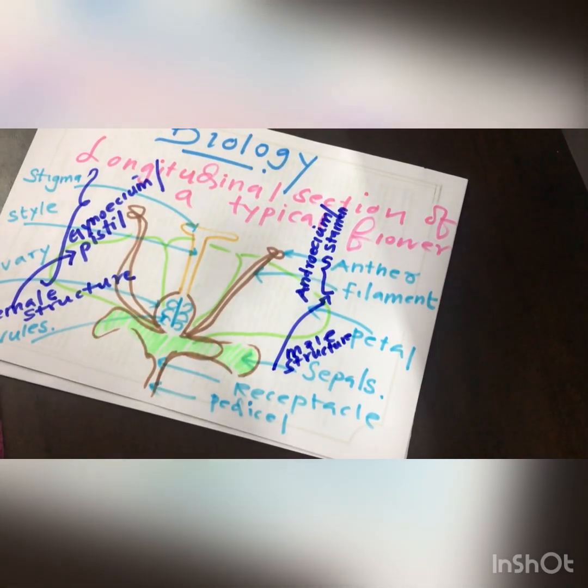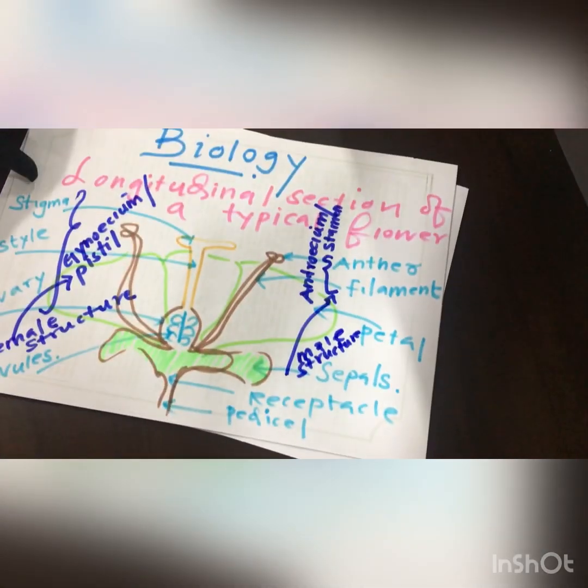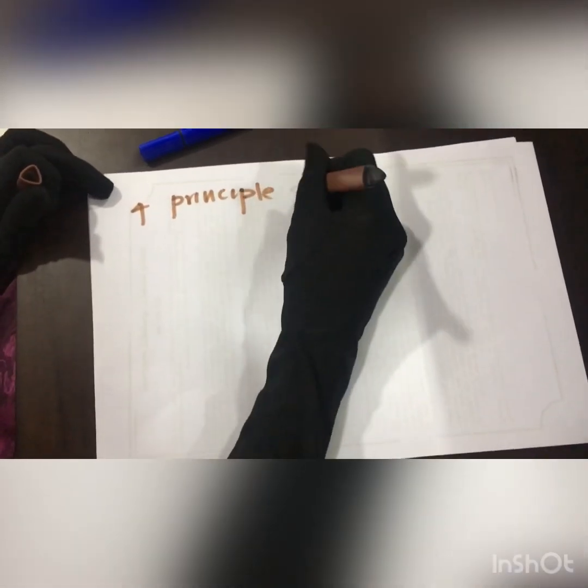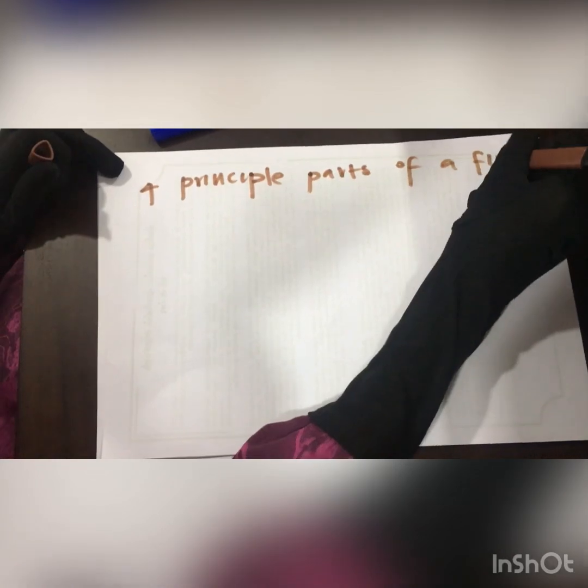And let me teach you all, a small note for this: in a typical flower, there are four principal parts of a flower.